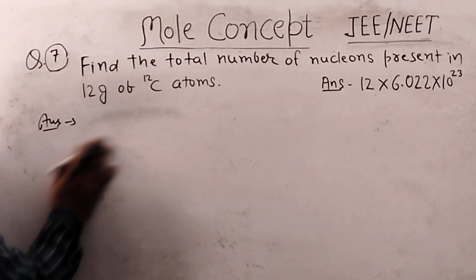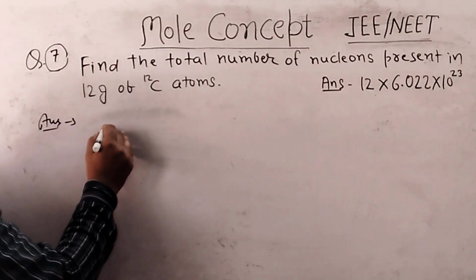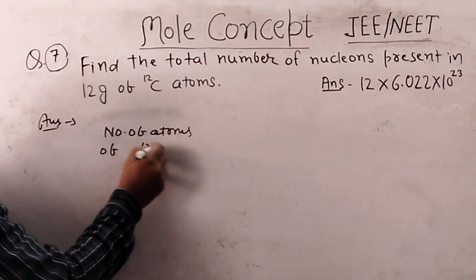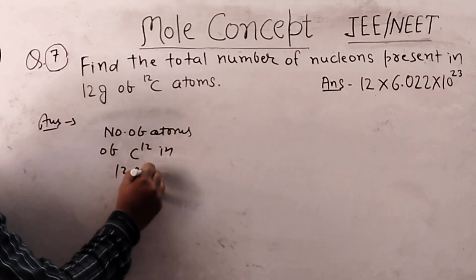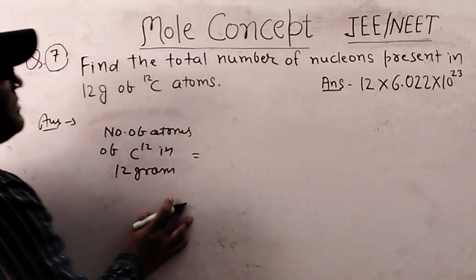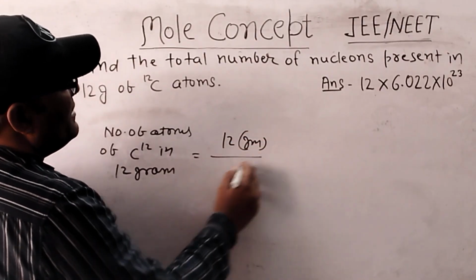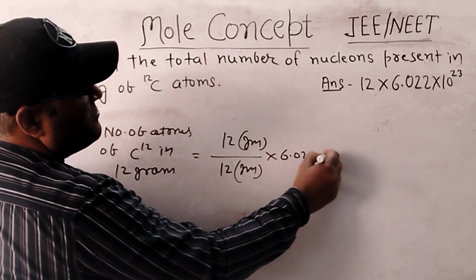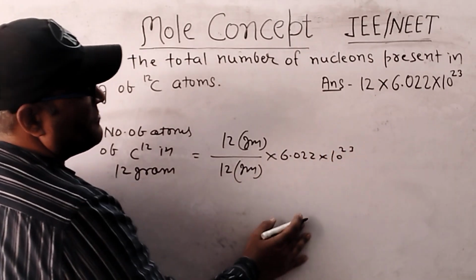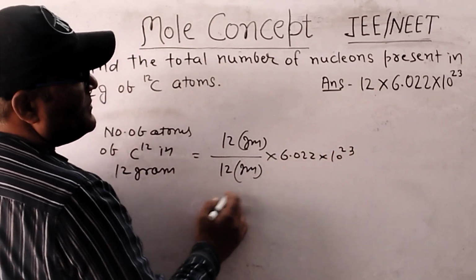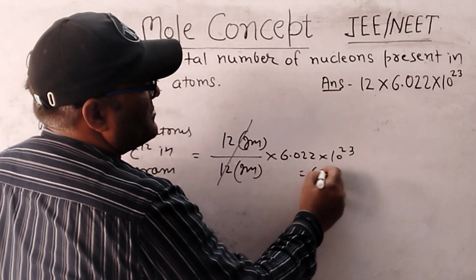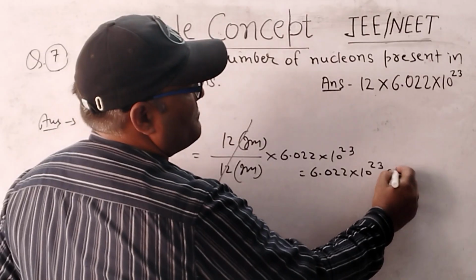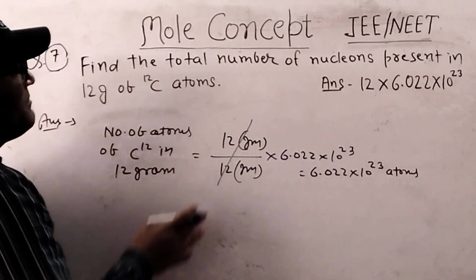But according to the given data, the number of atoms of C12 in 12 gram: given mass is 12 gram, divided by 12 gram atomic mass, multiplied by 6.022 into 10 to the power 23. So after calculation, 6.022 into 10 to the power 23 atoms of carbon are present here.